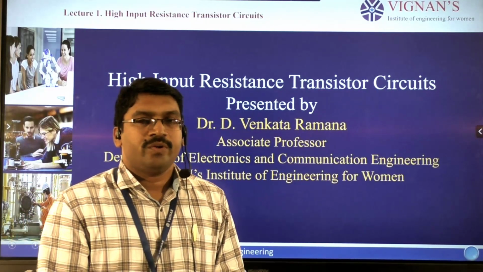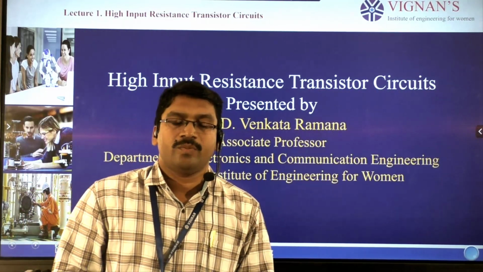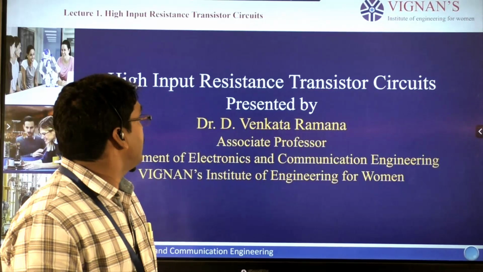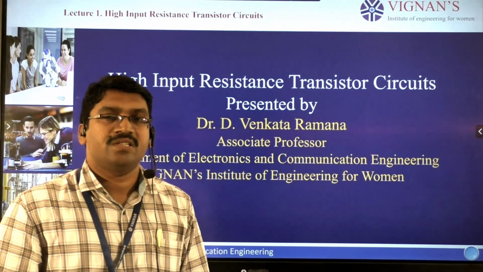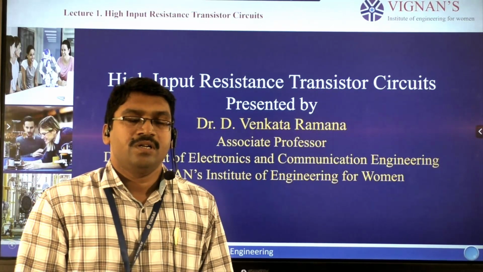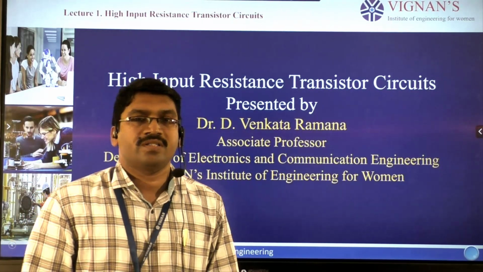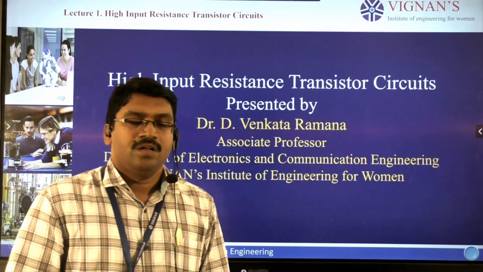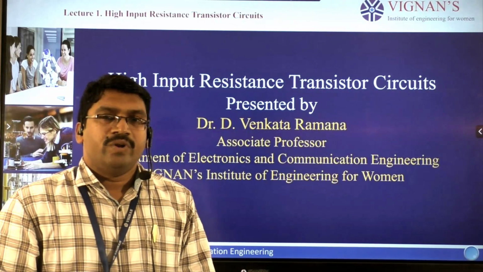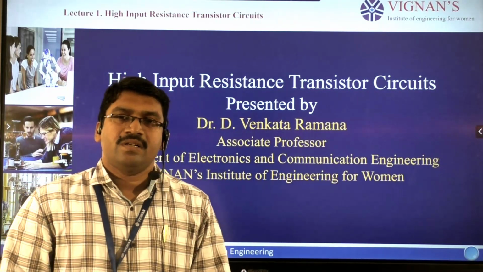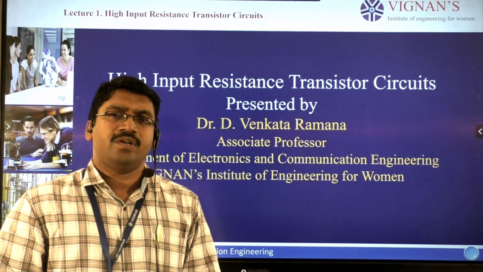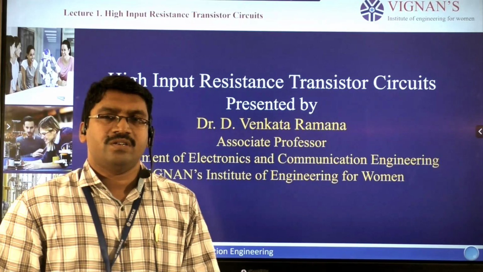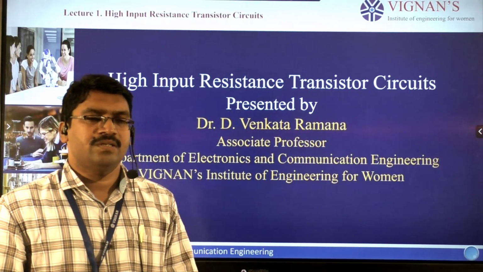Today I want to explain a topic, the Darlington circuit, which comes under high input resistance transistor circuits. It is under the course of electronic circuit analysis. First, we have different configurations like CE, CB and CC. Out of all, CC configuration offers high input resistance.